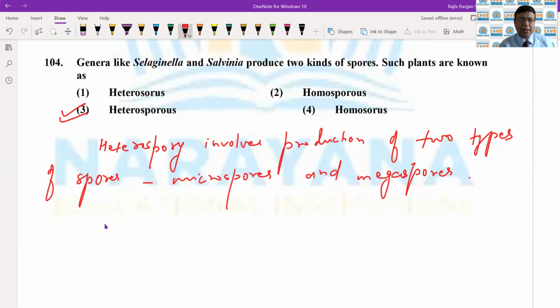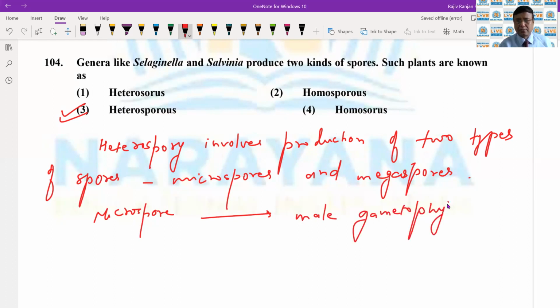Microspores give rise to male gametophyte, whereas megaspores give rise to female gametophyte. So microspore produces male gametophyte and megaspore produces a female gametophyte.